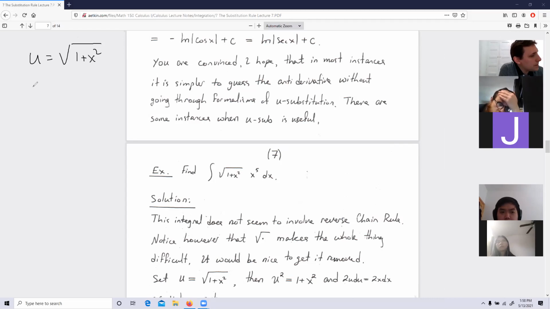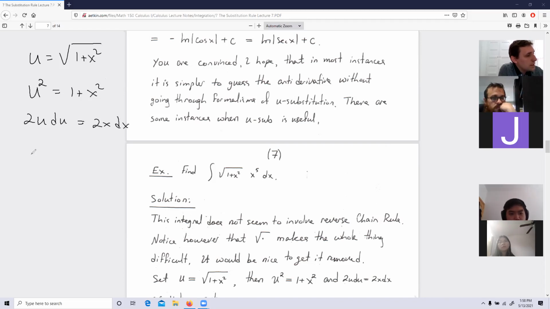Then u squared is equal to 1 plus x squared, and then taking the derivative, 2u du is equal to 2x dx, which means u du is equal to x dx. Okay?